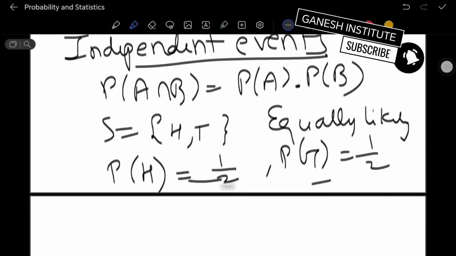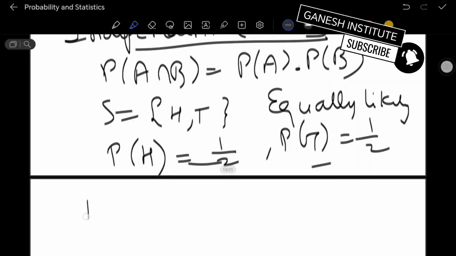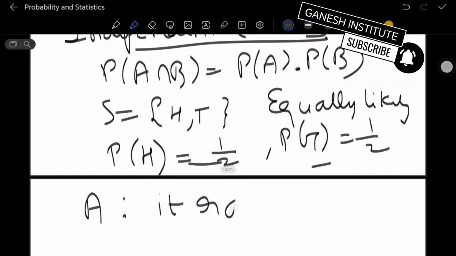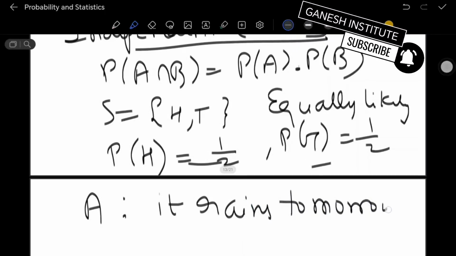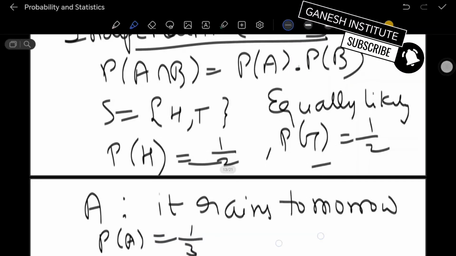Now, if I say that there is one event A and it is that it rains tomorrow, and its probability is 1 by 3, let's say.